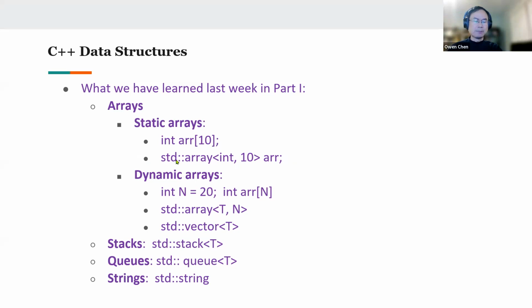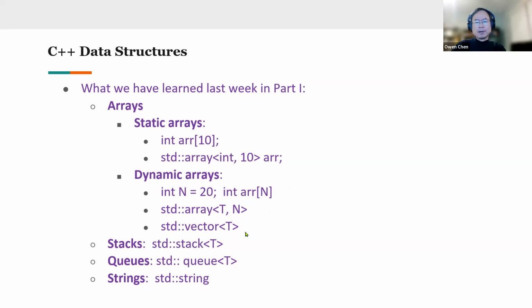standard template array. Then for the dynamic array, you can use the standard template as a dynamic array, or you can also use this int with just the size of the array. So this is after C++11. This is allowed; it used to not allow a variable as the size of the array.